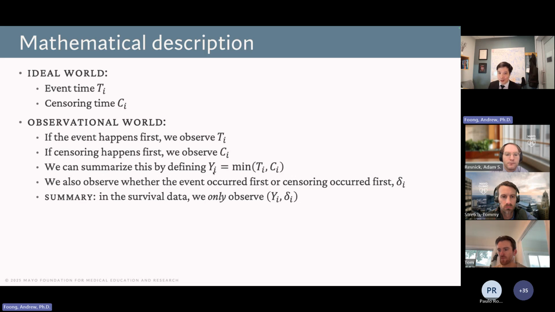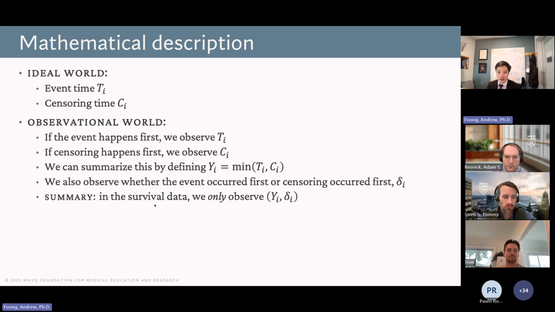And you can summarize this by saying that what you observe is another variable called y, and y is just the minimum of the censoring time or the event time. So basically, you only observe the first thing that happens. You will never observe the second thing. And we also observe whether or not it was censoring that happened first. You know whether the person dropped out first or whether the person had the event first, and that's delta.